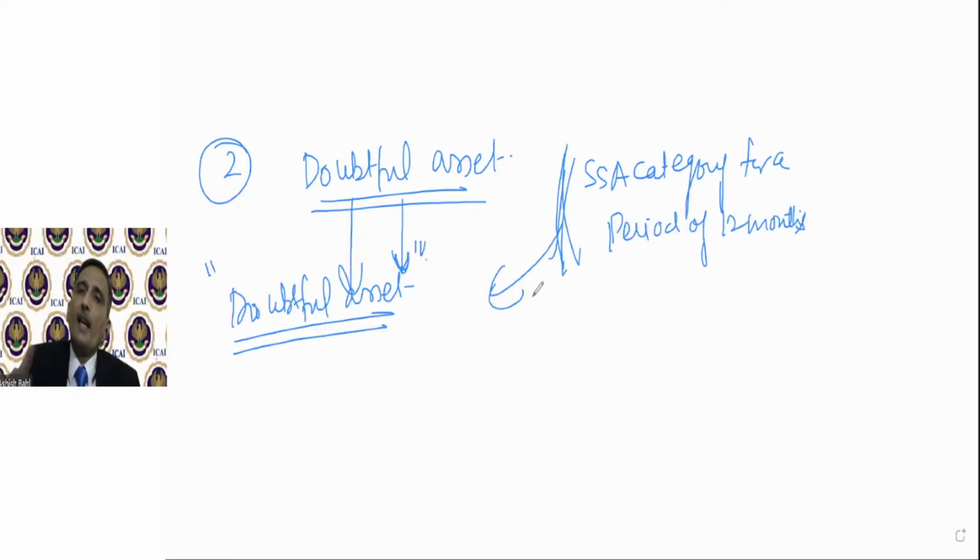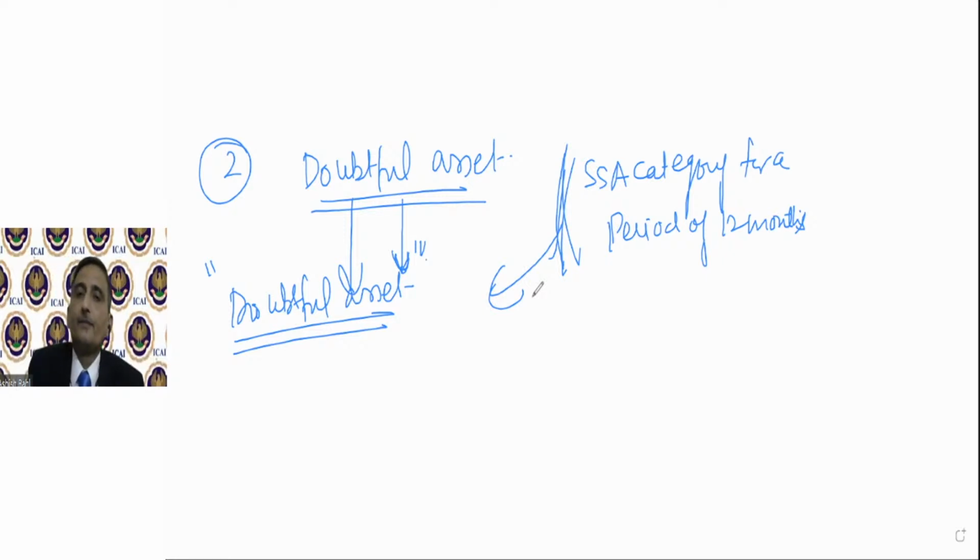So for an NPA to become doubtful, first it is necessary that it should remain in substandard asset category, in SSA category, for a period of 12 months at least. Only then it would become a doubtful asset.